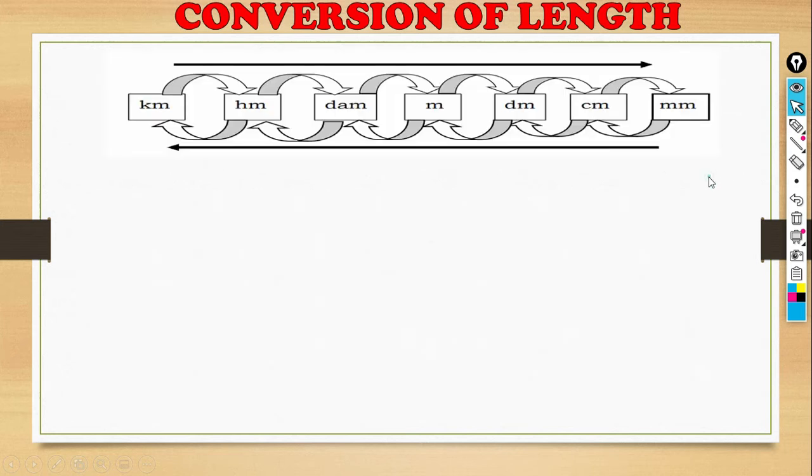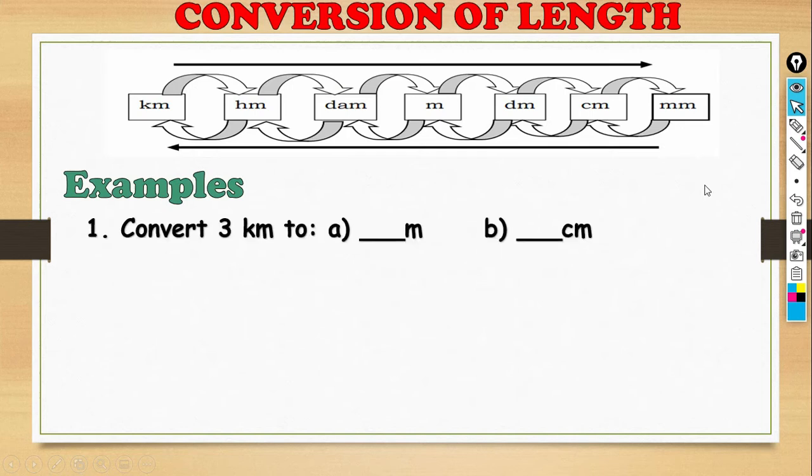So, let's have an example. Number 1, convert 3 kilometers to letter A to meter and letter B to centimeter. So, first, let's start with letter A, converting 3 kilometers to meter. So, gagamitin lang natin yung chart na nandito. So, yung kilometer daw, kailangan papuntahin natin kay meter.